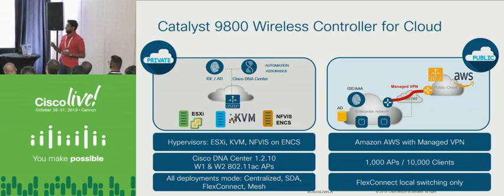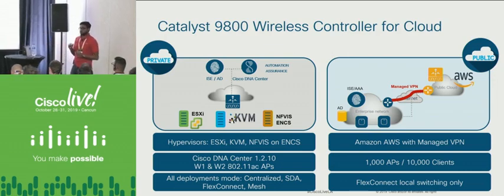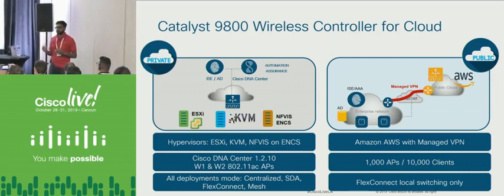Hypervisors supported for the private cloud are ESXi, KVM, and NFVIS on ENCS. One of the key differentiators, if folks here are familiar with the AirOS brand of virtual wireless LAN controllers, is that those virtual wireless LAN controllers only offered FlexConnect mode. The private cloud offering of the 9800 basically mirrors whatever features the appliance offers.